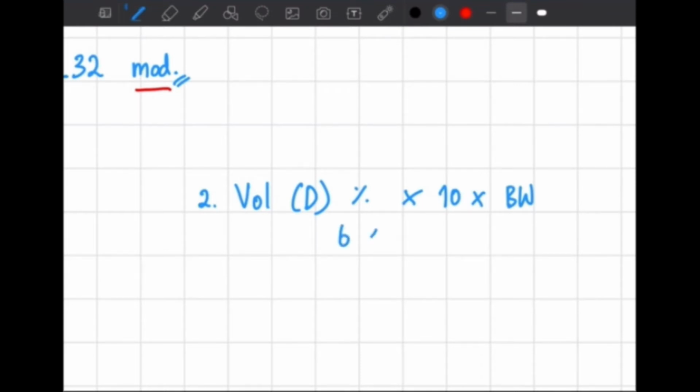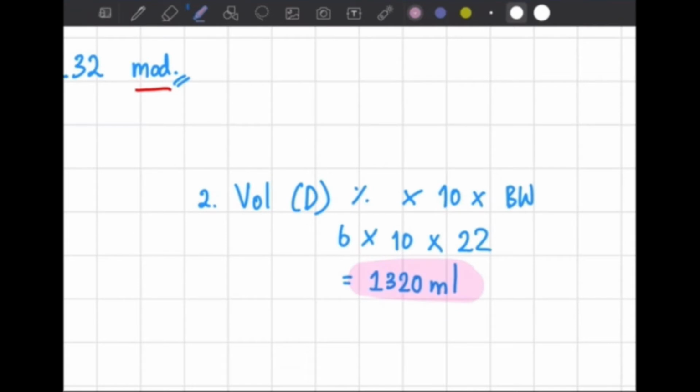So it's going to be 6 multiplied by 10 multiplied by his body weight, which is 22 kilograms, and what we will get is 1,320 milliliters deficit. Let's save that value too.